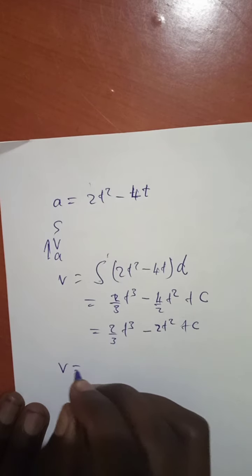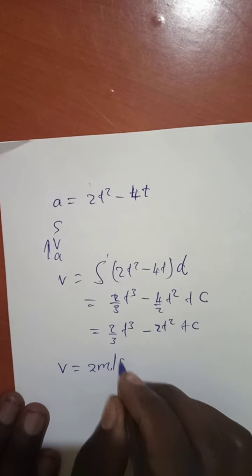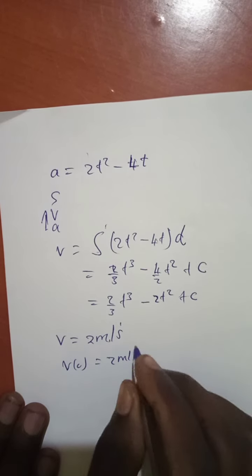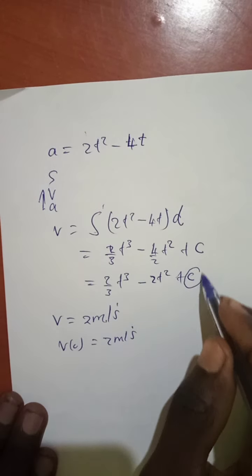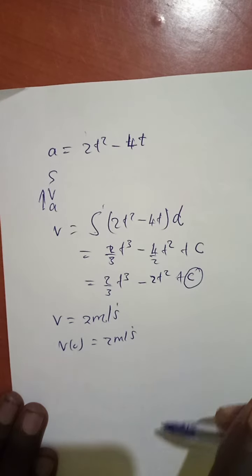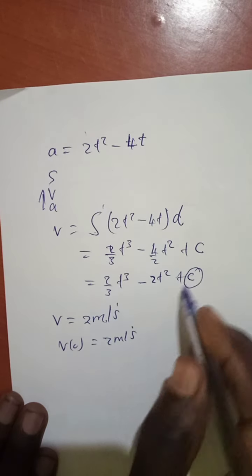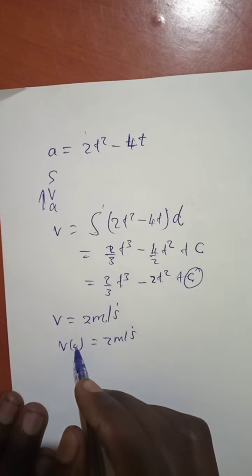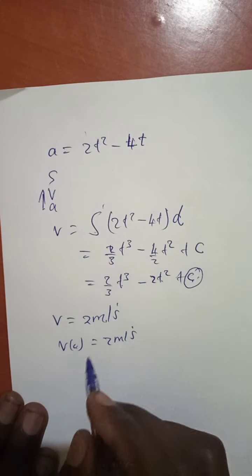But if the initial velocity was something like 2 meters per second, that means that v(0) is 2 meters per second. Remember, this constant is the original value when t was 0. Therefore, to get this c, you substitute 0 for t.